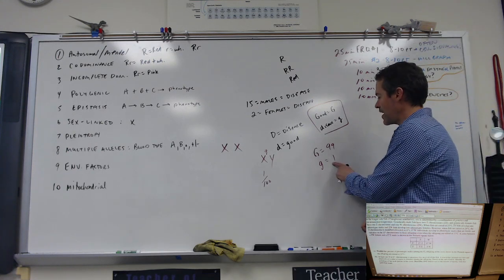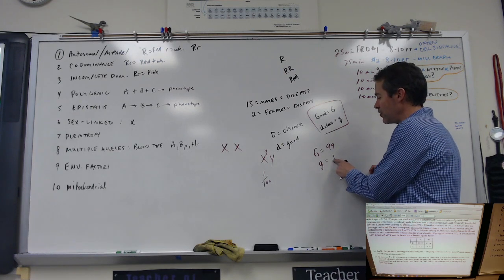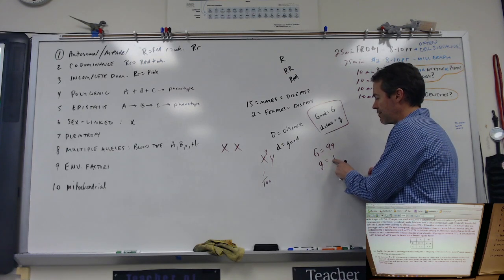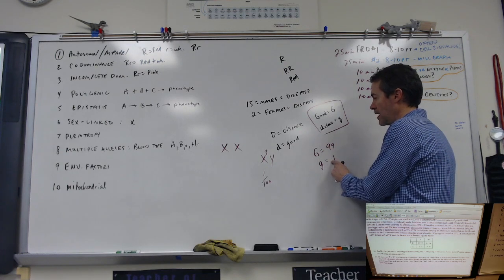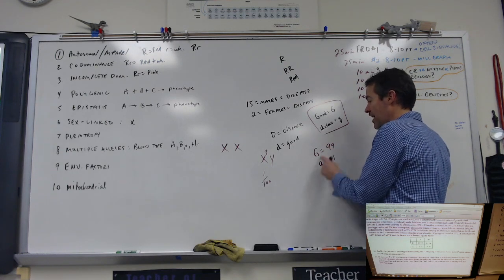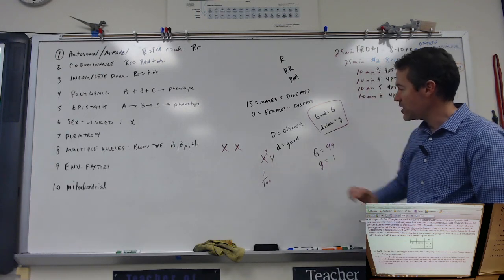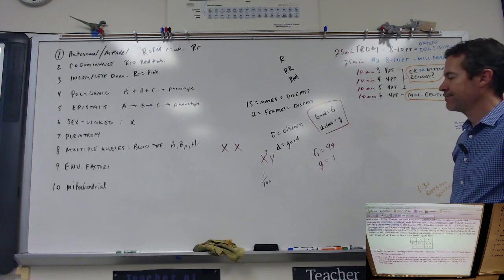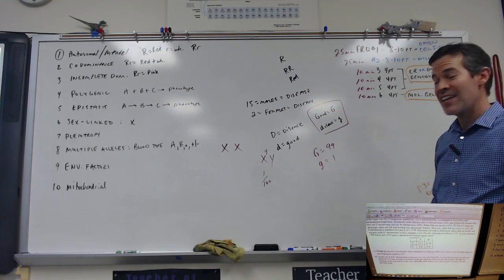If I've got 100 total, 99 plus 1 is 100. And with males, if most of the genes out there are good, like capital G, then I've got a 1 out of 100 chance of getting the disease, because 1 out of 100 letter G's are little g. So what about females? Yeah, it's 1 out of 10,000.